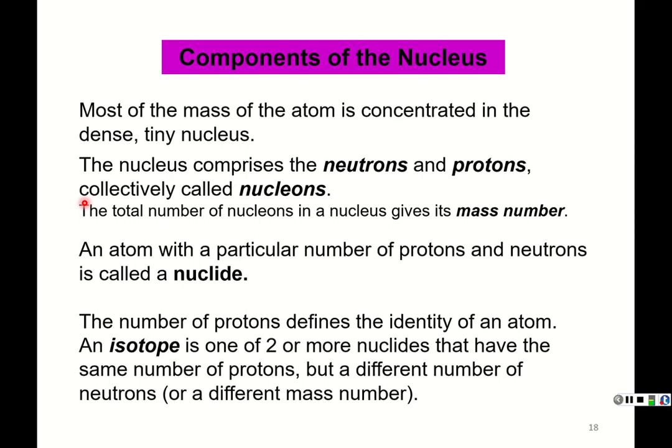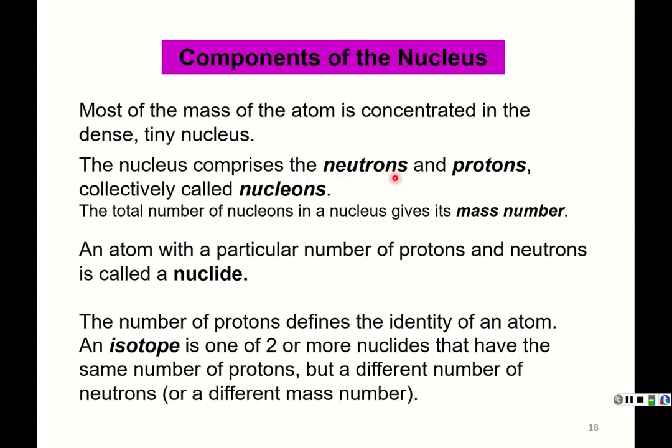The basketball represents the size of the nucleus, and the arena represents the size of the atom, the electron cloud around it. So you see that most of the mass is in that very small nucleus, and the rest of the atom is mainly just kind of air.